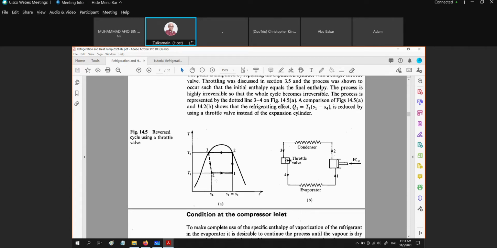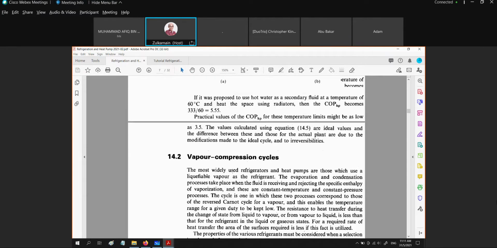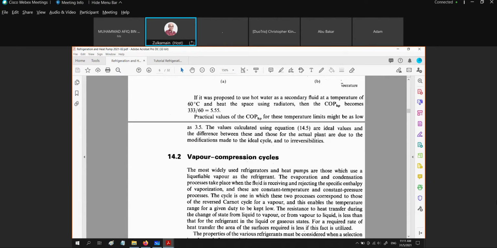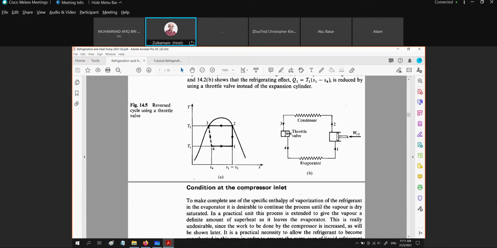Right? And because of these changes with the throttle valve, we find that the Q41 becomes smaller compared with the Carnot cycle. This is the 41 process. And for the VCRC, the Q41 is reduced, becomes smaller.